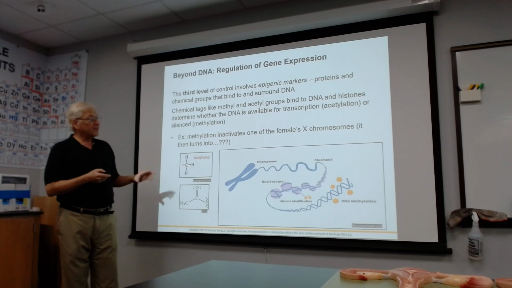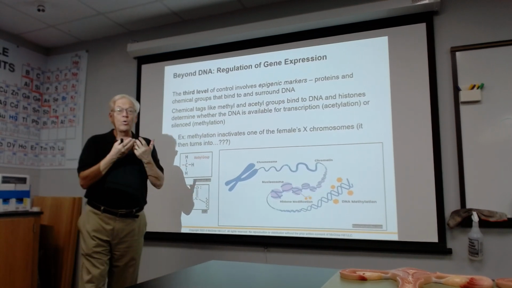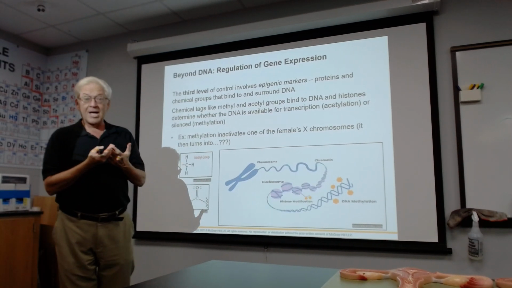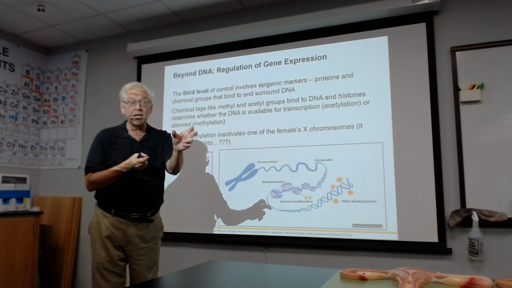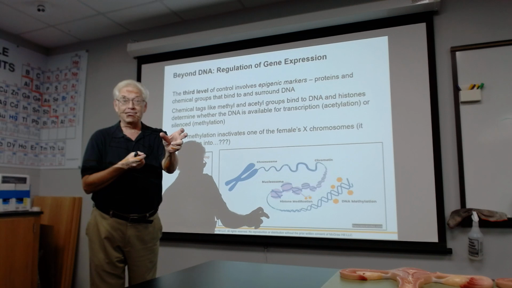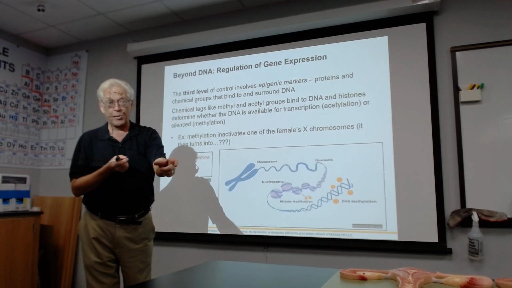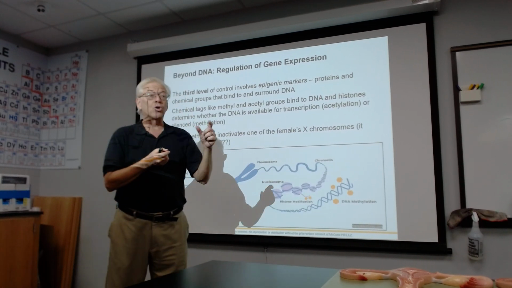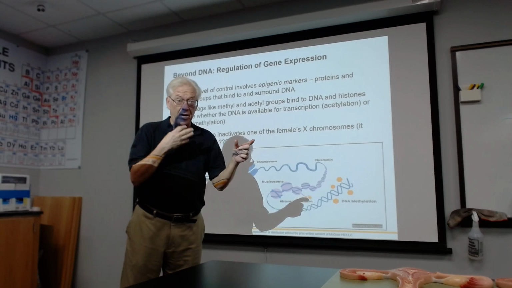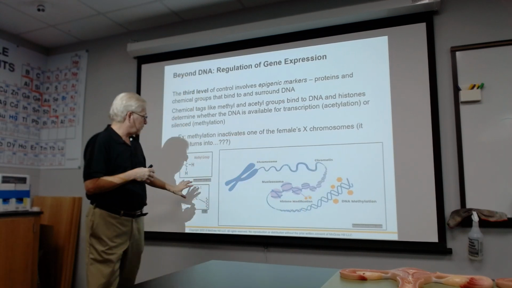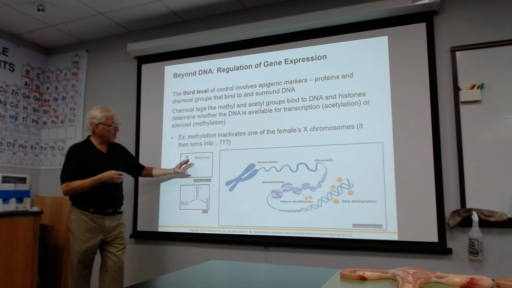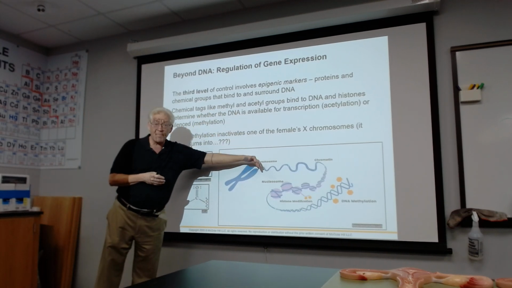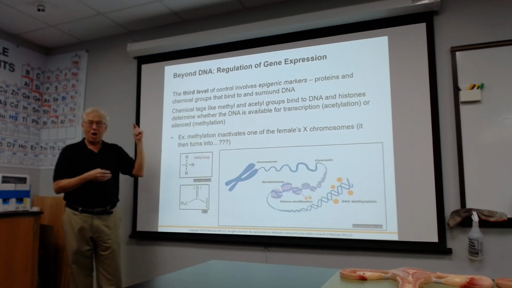So this obviously has opened a whole new realm of study. Can we turn off a gene that makes something bad by putting a methyl group on it? Can we turn on a gene that will help us by putting an acetyl group on it? And that's epigenetics, that there's something epi on top of the gene that will turn it on.